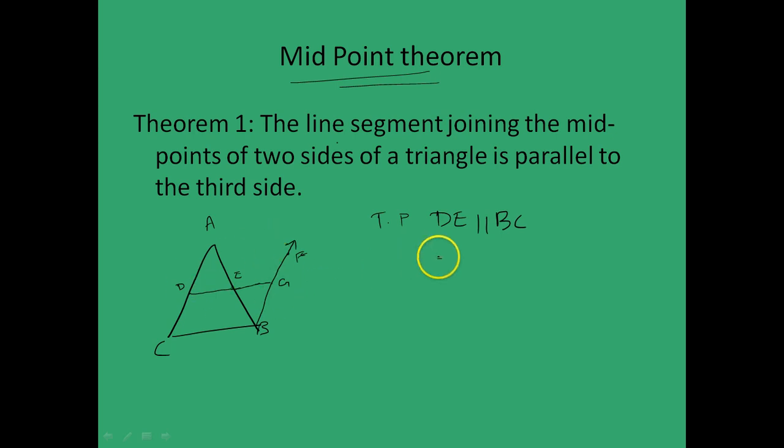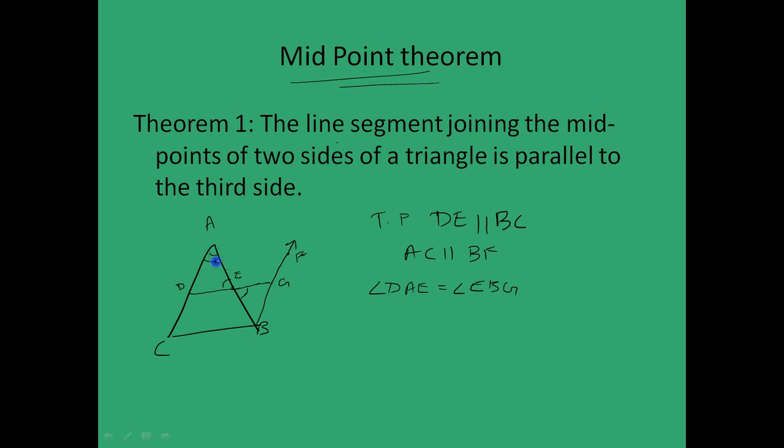So we have AC parallel to BF by construction. Now these two are vertically opposite angles, and so therefore we can say that on considering AC parallel to BF and transversal AB, we get angle DAE equal to angle EBG.